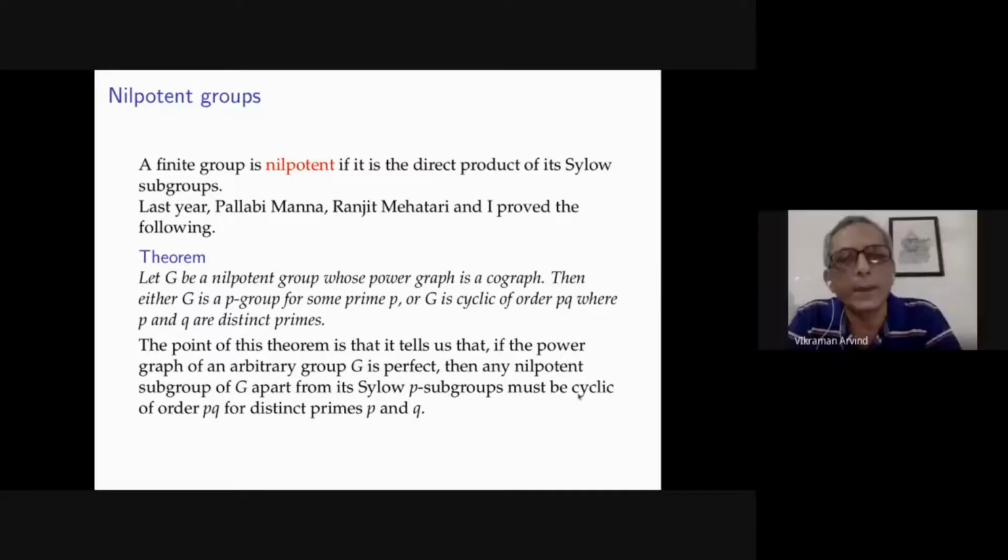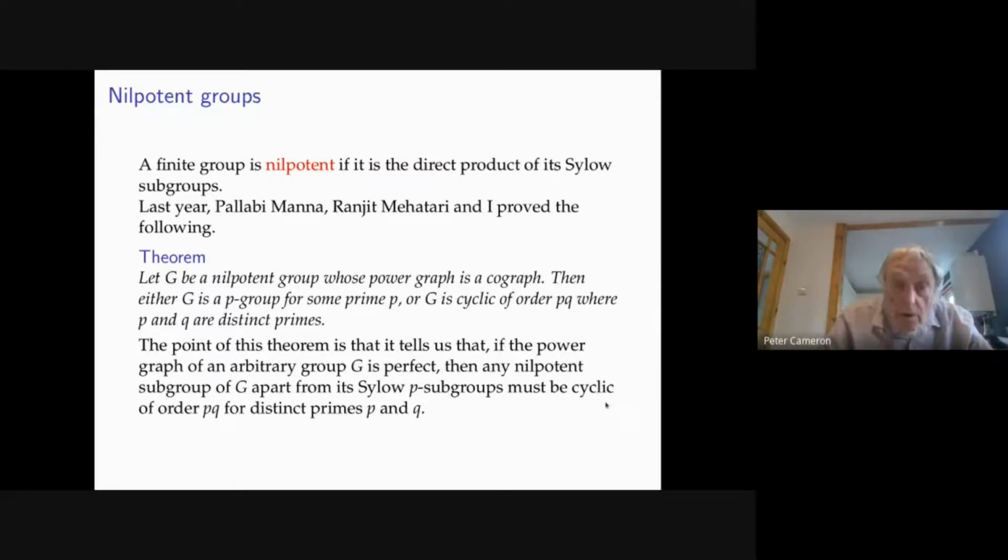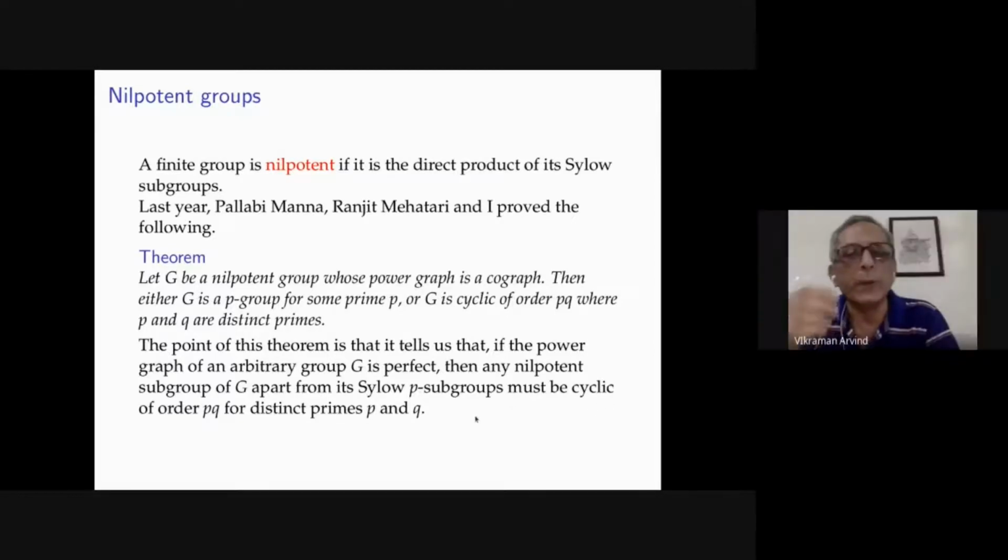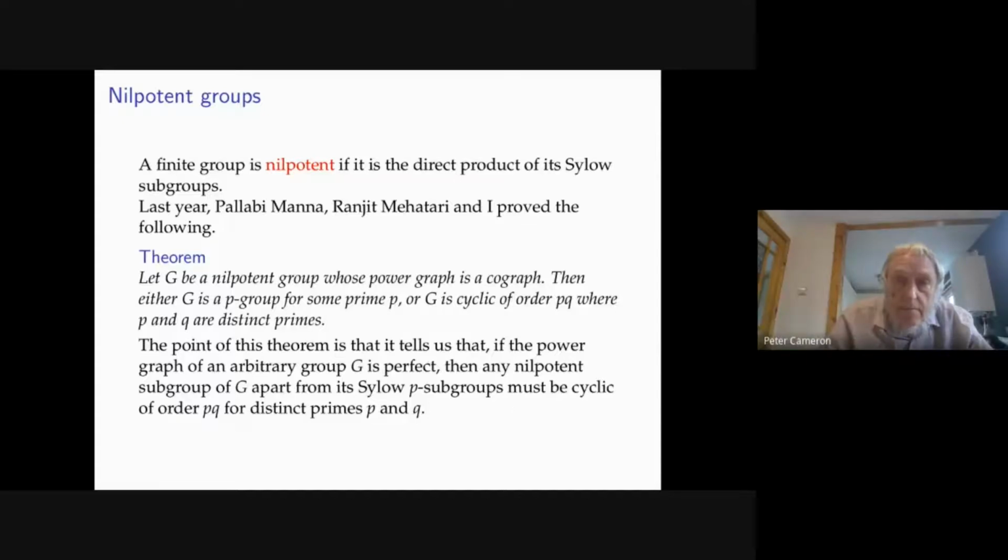But there is a restriction on the nilpotent groups which are not p-groups, right? No, but if you pick out the subgraph consisting of one of the Sylow p-subgroups, yes, that also would have to be a cograph. But it is a cograph. Every group of prime power order, the power graph is a cograph.